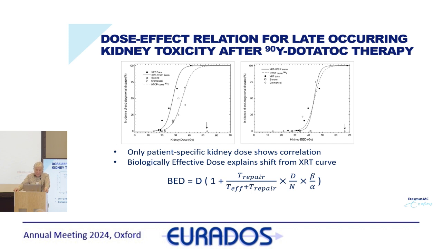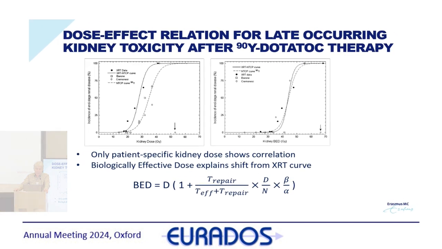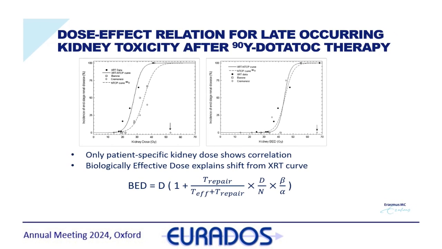I was indicating the tolerance dose for kidneys as 40 gray, and this is found in response to the kidney toxicity found after yttrium-90 DOTA-TOC therapy. DOTA-TOC is a peptide comparable to DOTA octreotide, so also aimed at treating neuroendocrine tumors.